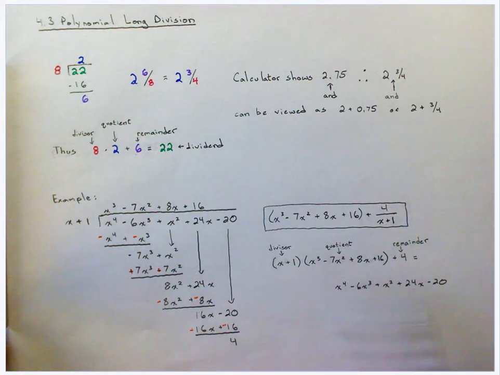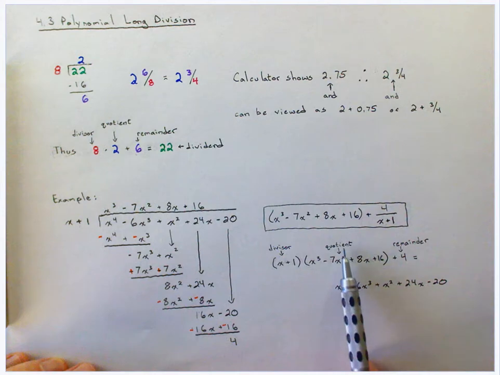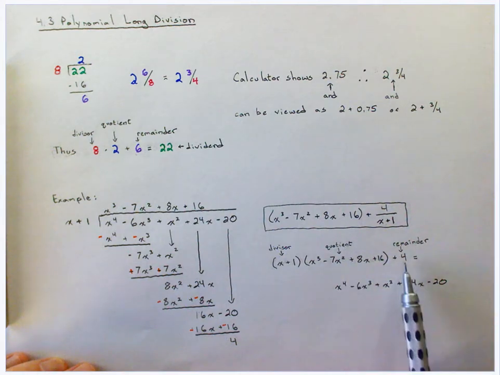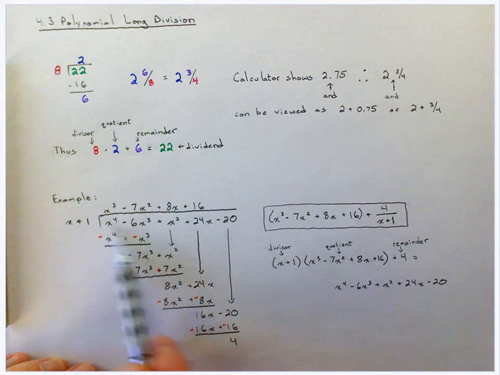But for basic understanding of what we're doing, I still get the same answer. If you want, even though it's not worked out, pause the video, multiply the divisor and the quotient, and add the remainder, and you will end up with the dividend, what was underneath the long division symbol.